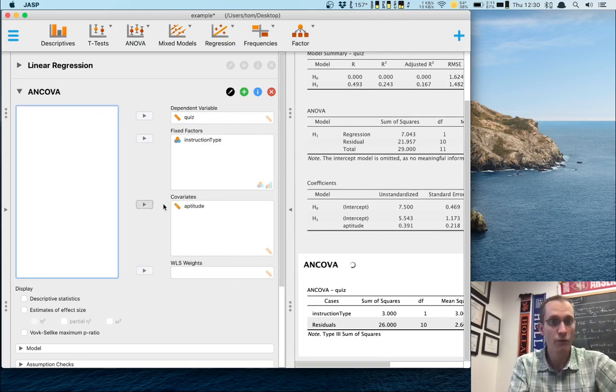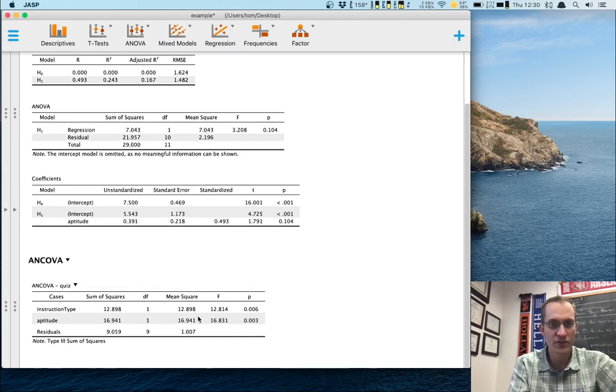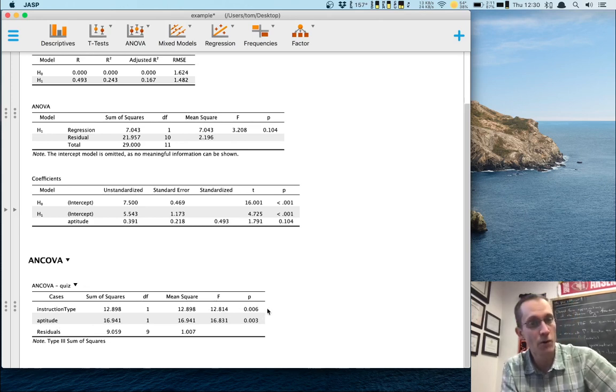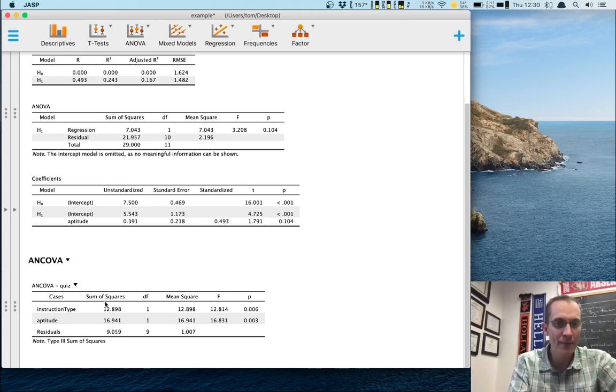We're going to put that in the covariate box. Once we do that and look at the resulting table, look at what we have. The effect of instruction type now has a much bigger F ratio, and as a result, a very, very small p-value. What has happened is that aptitude is accounting for a lot of that leftover variance. And so at this point, we've got a significant effect of instruction type.